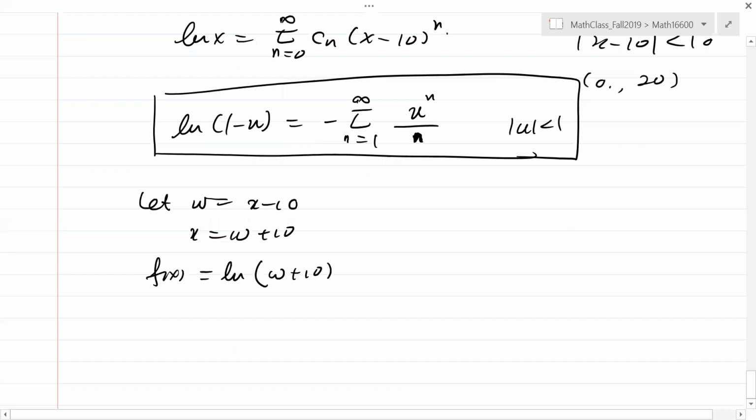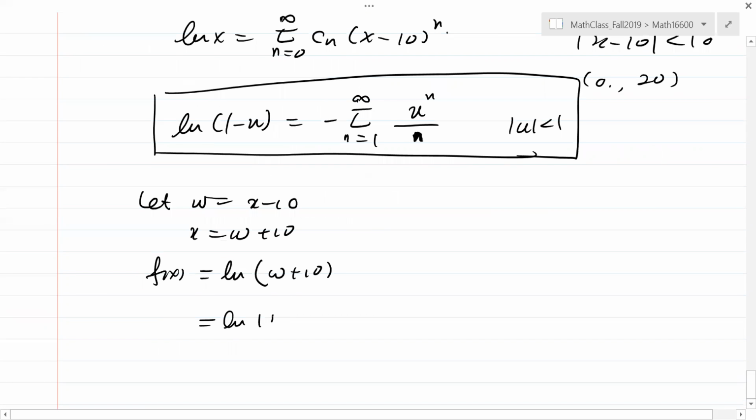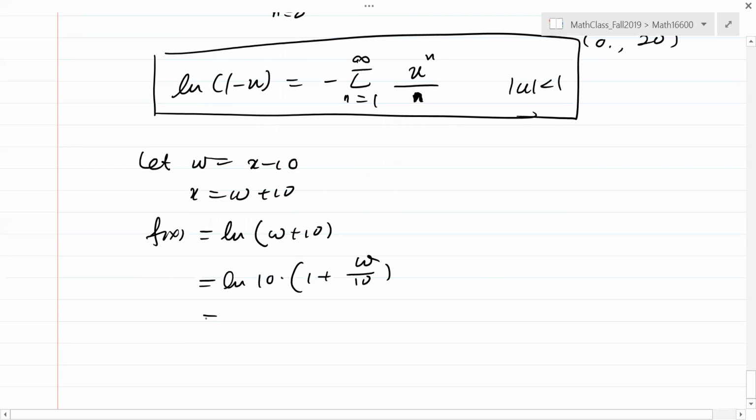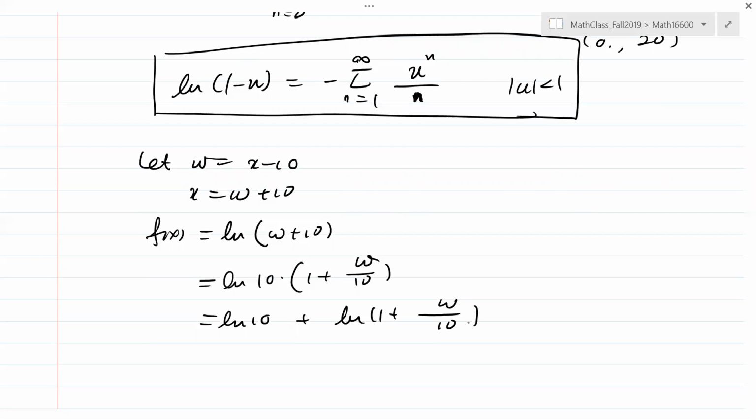Okay, I can make it. Natural log of 10 times 1 plus w over 10, right? So I can get natural log of 10 plus natural log of 1 plus w over 10. So it's very close to natural log of 1 minus u. And here's a plus w over 10. So I still have to change the sign.